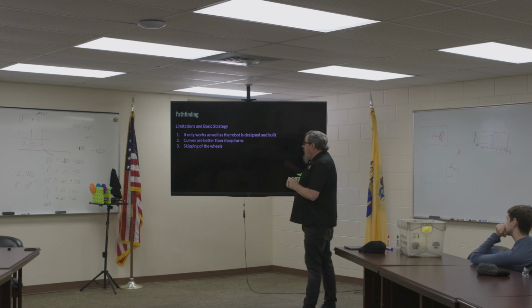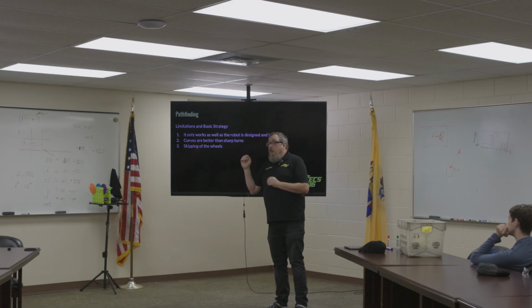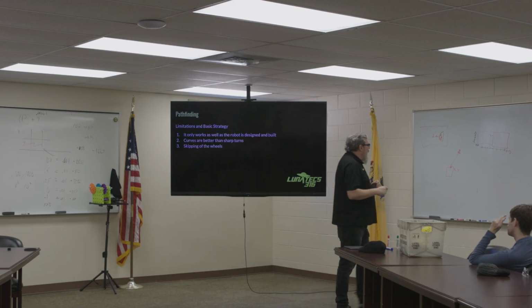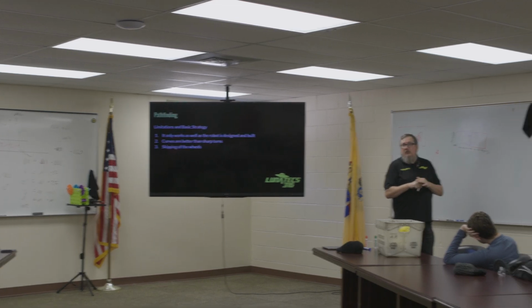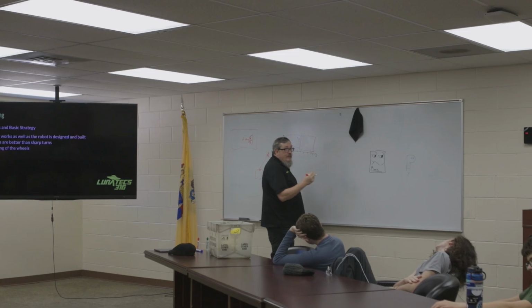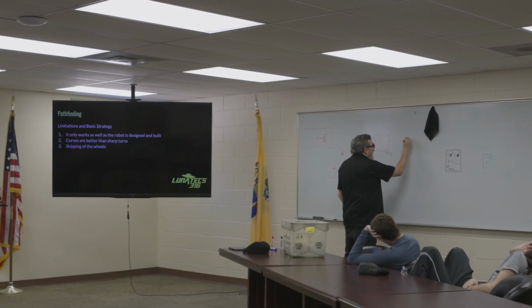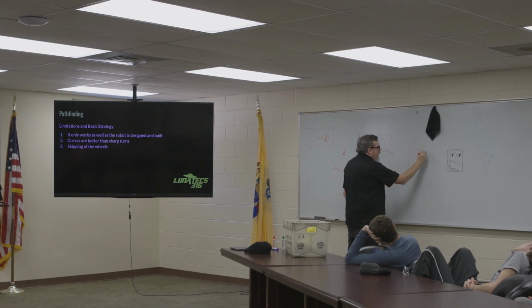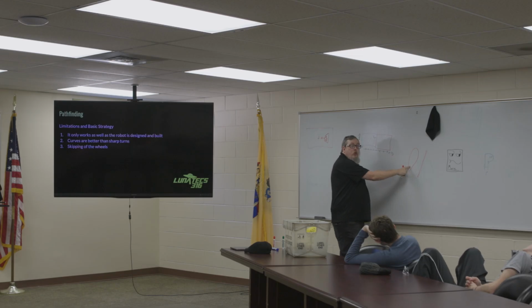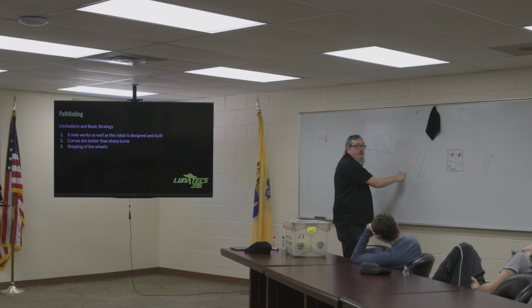Does that make sense? The other thing we have to be careful of, we want to do curves rather than sharp lines. We didn't have that benefit this year because we had to stop at the human station to deliver. But if I can do this as opposed to this, it will go quicker, because this makes me come to a complete stop, whereas I keep constantly moving with that.